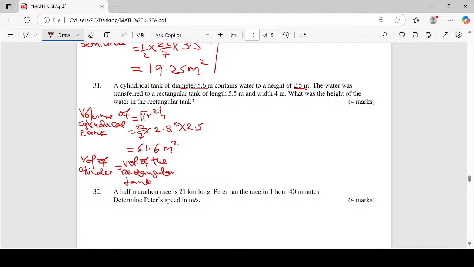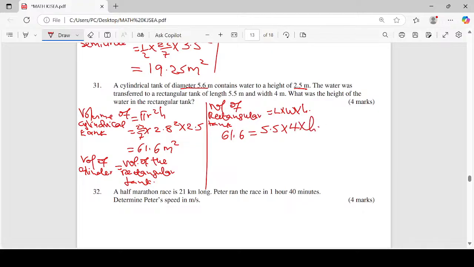Now, how do you get the volume of a rectangular tank? The volume of the rectangular tank is given by length by width by height. Because the two volumes are equal, 61.6 should be equal to the length, which is 5.5, times the width, which is 4, times the height, which is unknown.